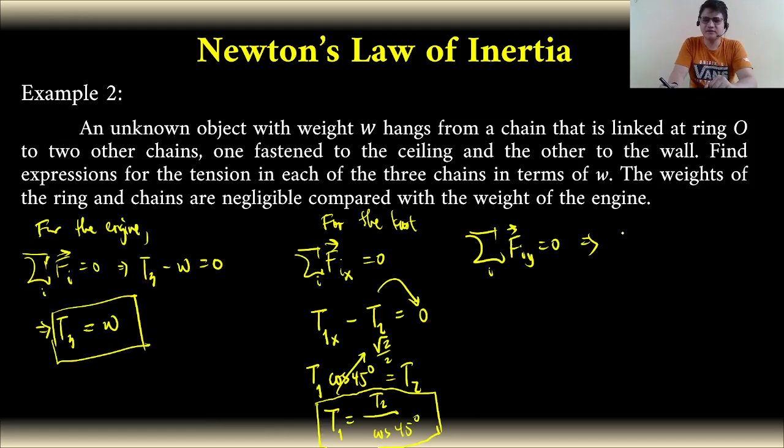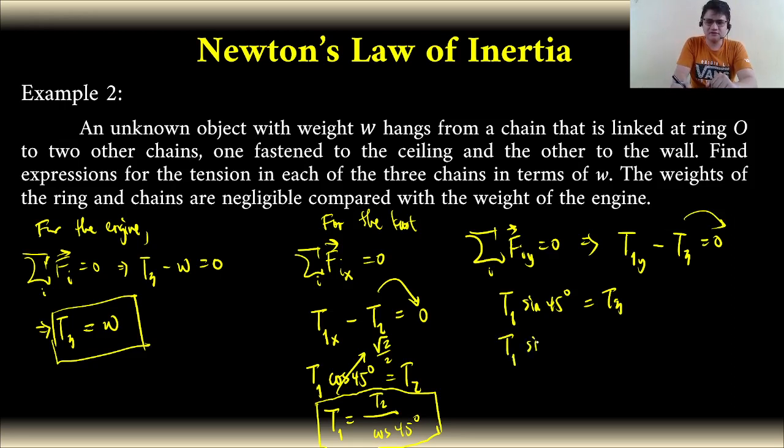So we have T1y minus T3 is equal to 0, which directly gives T1 sine of 45 degrees is equal to T3 after transposing this one to the other side. And as we know, T3 is equal to W. So we have T1 sine of 45 degrees is equal to W, which gives us T1 is equal to W over sine of 45 degrees.